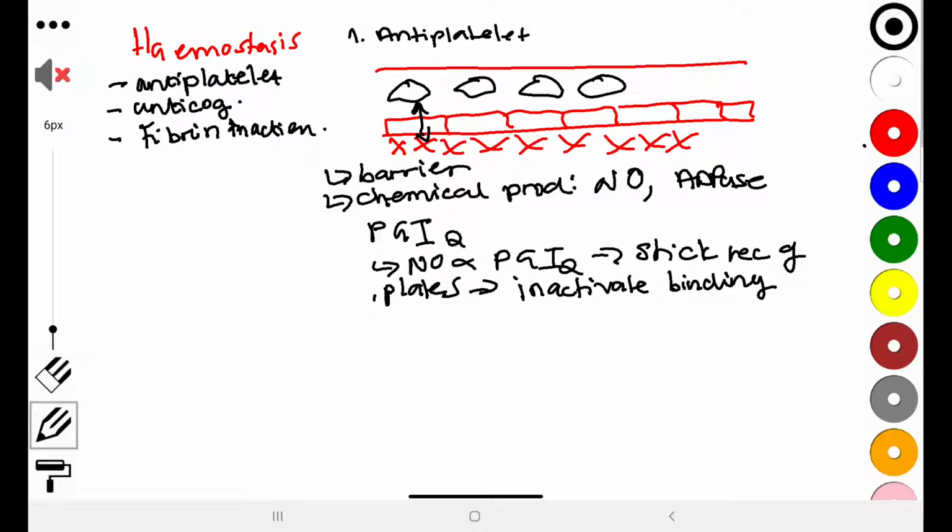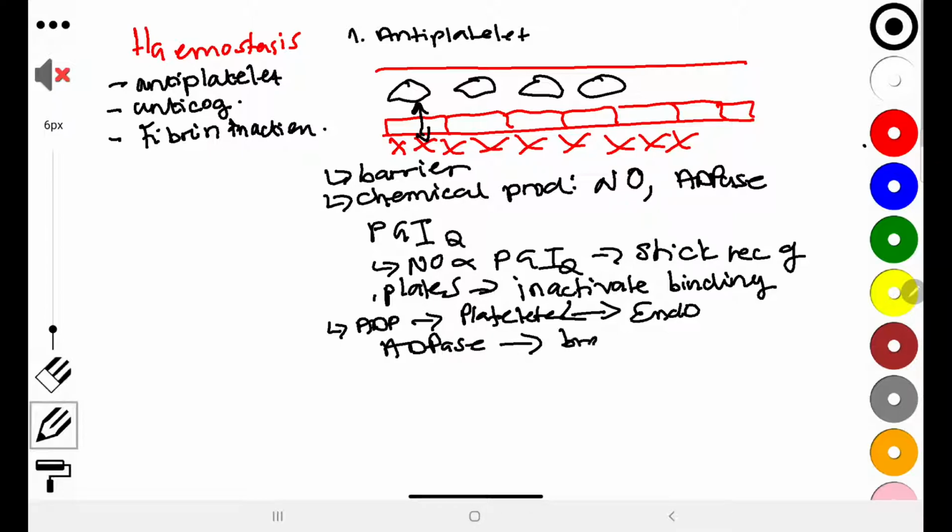The ADP. ADP favors attachment of the platelets to the endothelium. So where there's ADP, you find that platelets will bind to the endothelium. So when you have ADPase, what it will do is break down ADP.